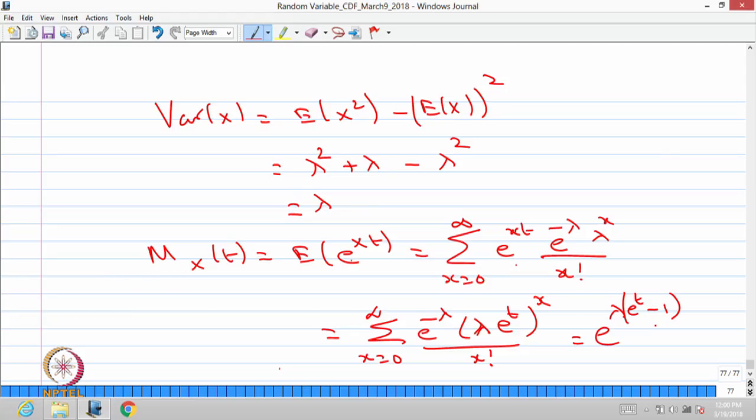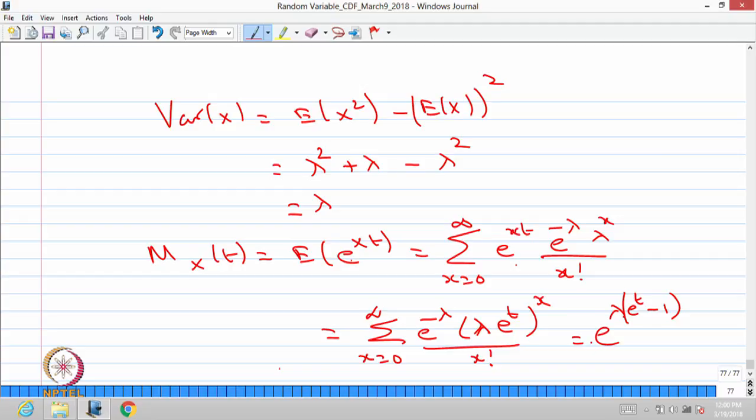So, if you do the little simplification, you can get the answer that is same as e power lambda times e power t minus 1. So, it is basically e power minus lambda is outside. So, this summation is nothing but e power lambda times e power t.